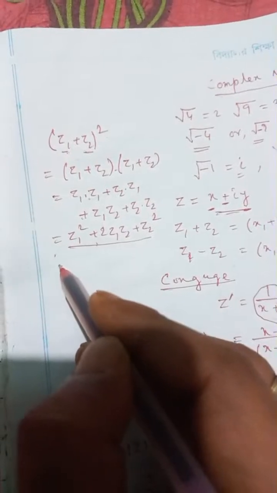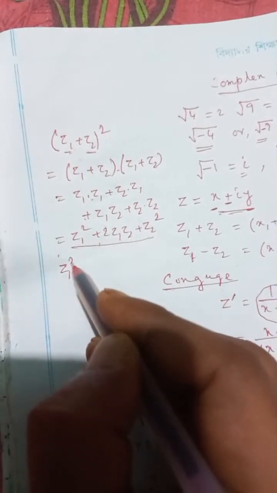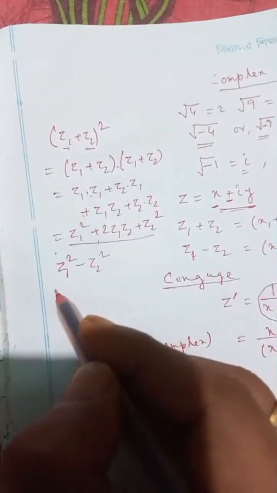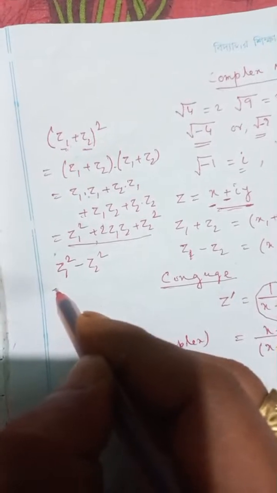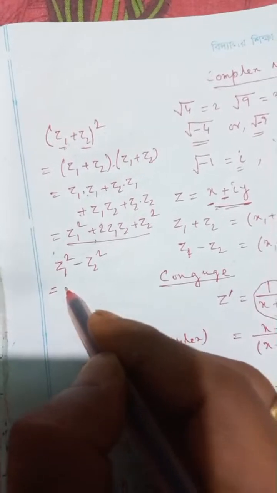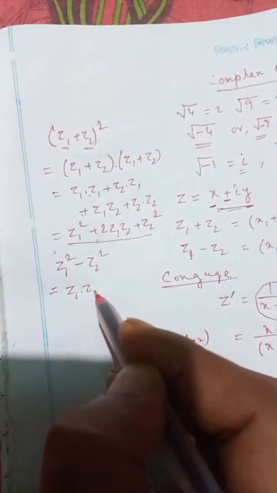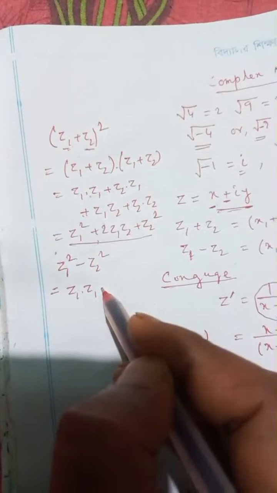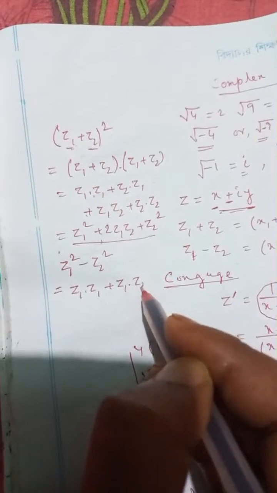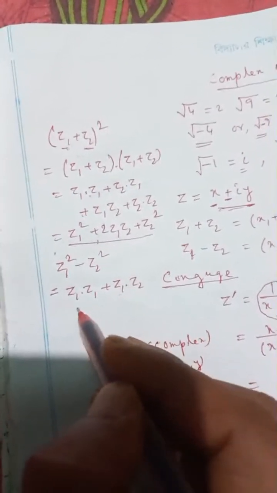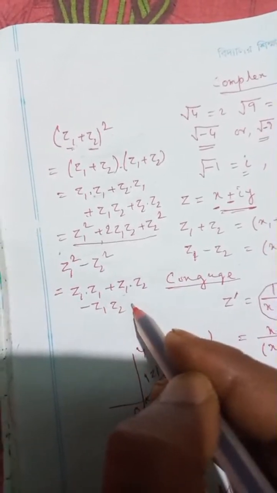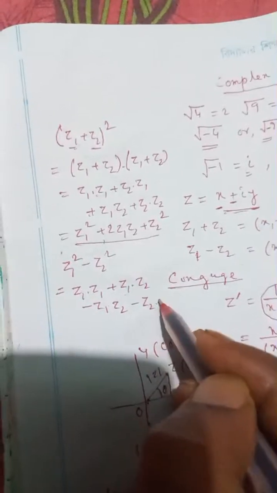And if we wish to know z1 square minus z2 square, then z1 square can be written as z1 into z1 plus z1 z2, which is introduced, so we subtract z1 z2, minus z2 z2.